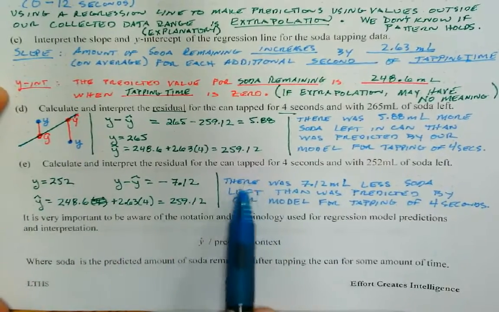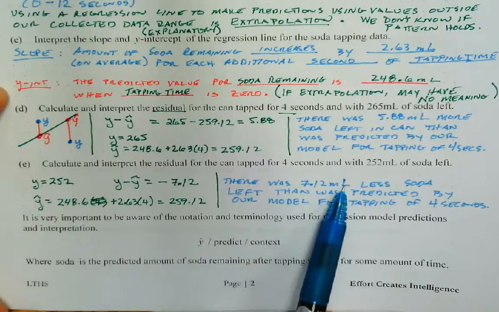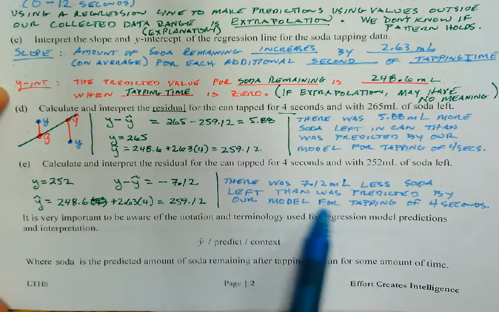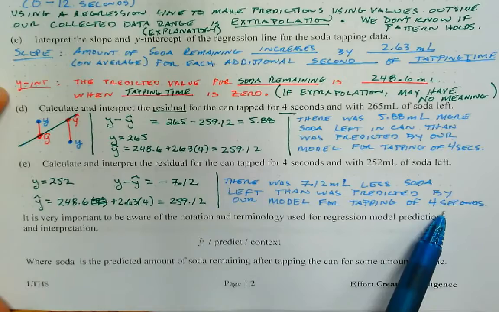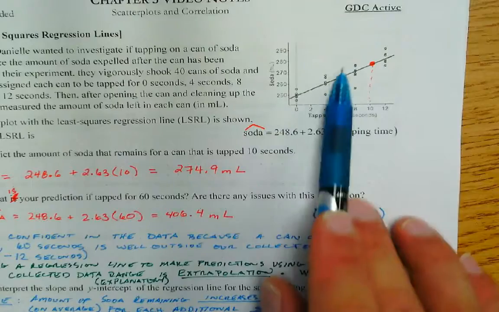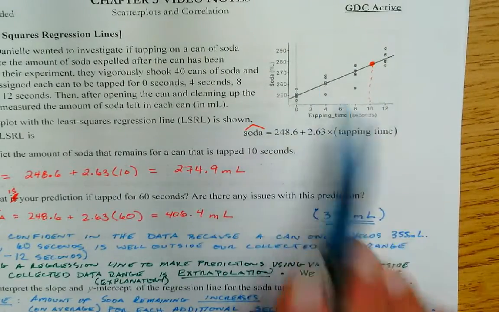We can say that there was 7.12 milliliters less soda left than was predicted by our model for tapping of 4 seconds. It is very important that you understand that if you have a good regression line, you're going to have positive and negative residuals. We'll look at the details of that in another video.